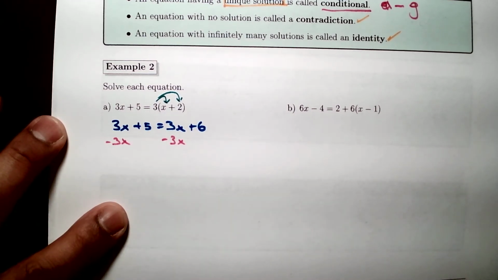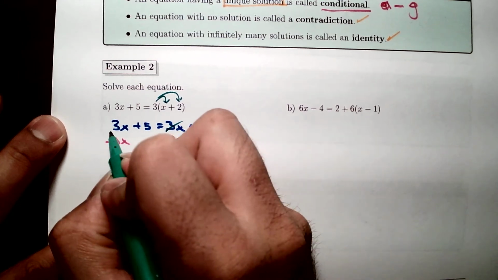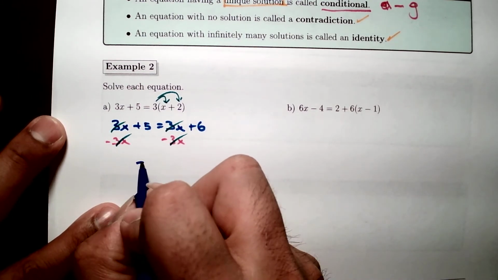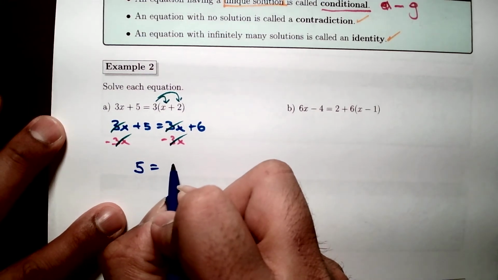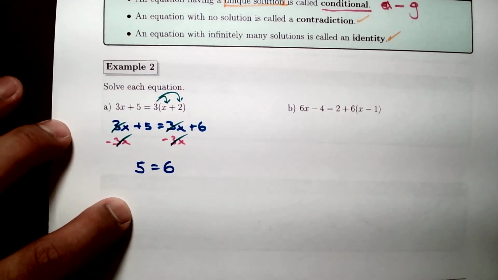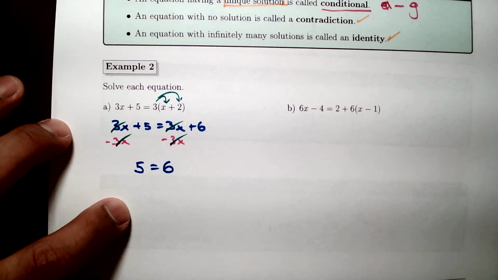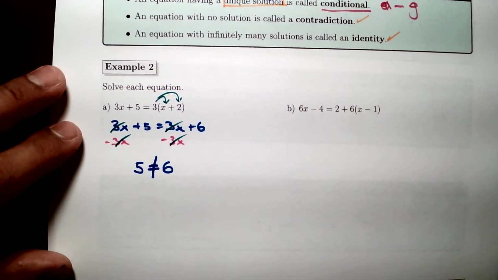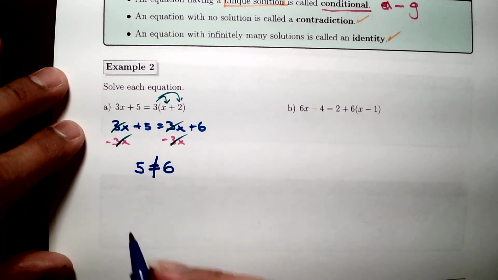Alright, so the next step would be to subtract 3x to both sides, and notice how they are going to be both cancelled. And I'm going to be left with 5 equals 6. And wait a minute, since when is 5 equals 6? That never happens. What do we have? We have a contradiction.